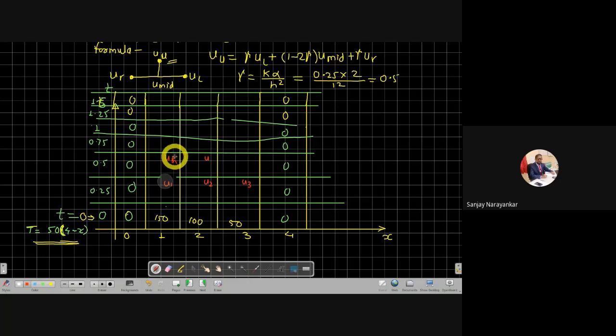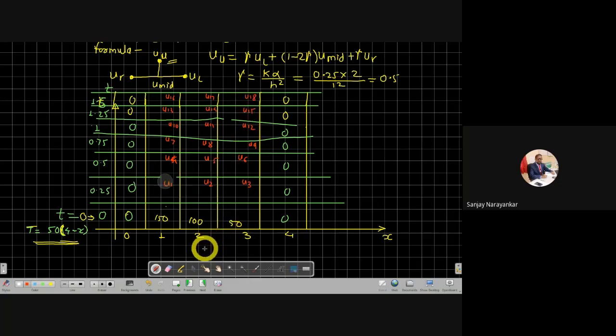You can give the notation according to you, it's not a problem. Up to U18. So in total, 18 values you have to calculate.